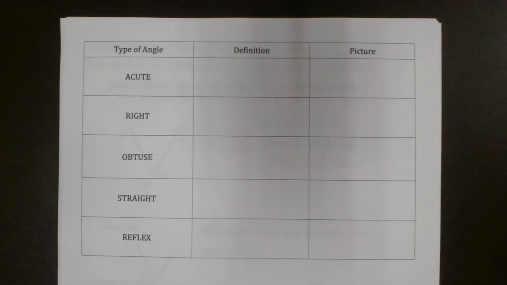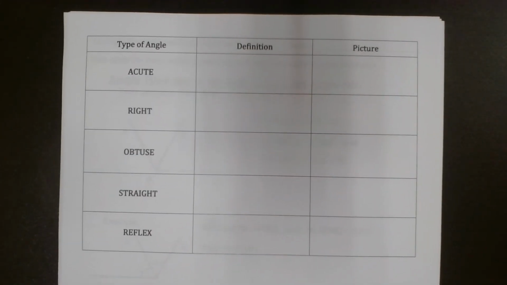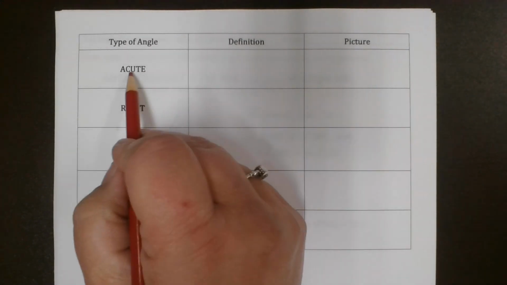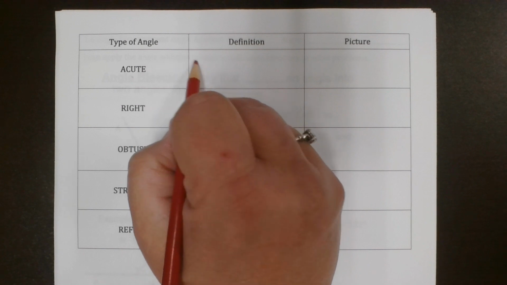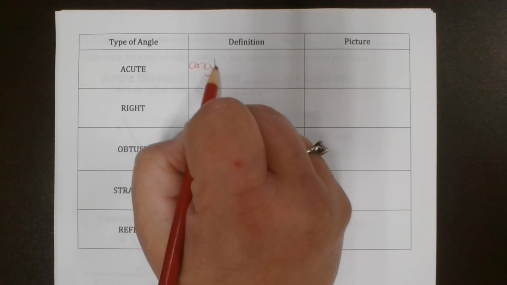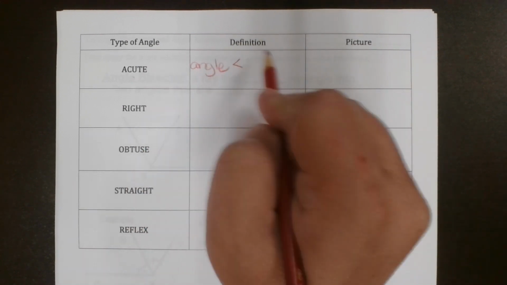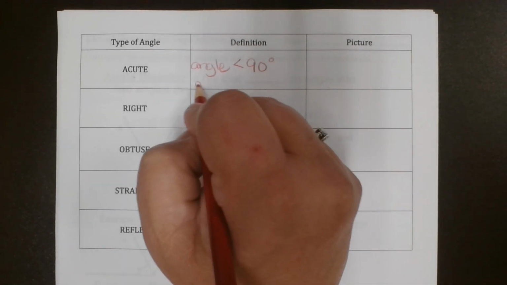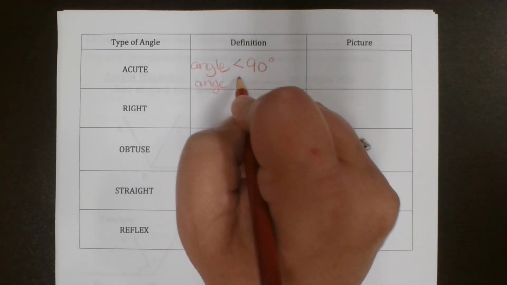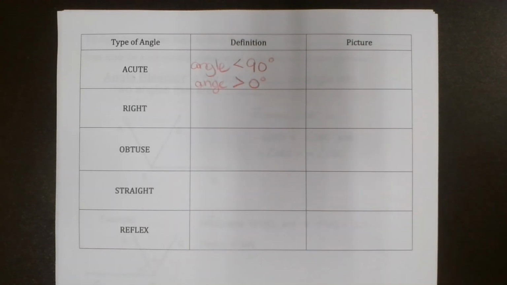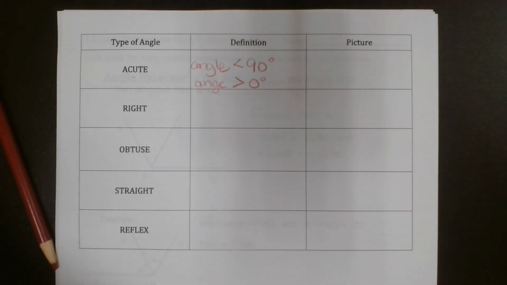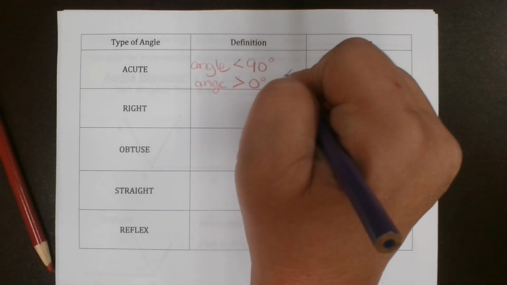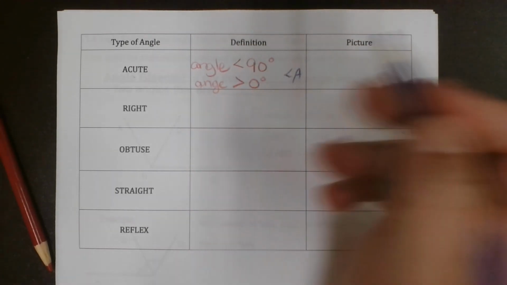Let's talk about the 5 types of angles, okay? So the definition of an acute angle is an angle less than 90 degrees and more than 0 degrees. So the real way to look at that is we're going to call it angle A for acute.